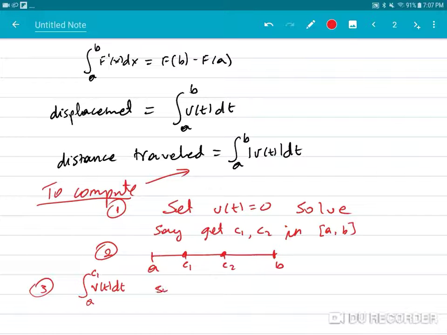So save this, and calculate from c1 to c2 of v of t dt. It could be positive, it could be negative. Save. Integrate from c2 to b of v of t dt. Save.